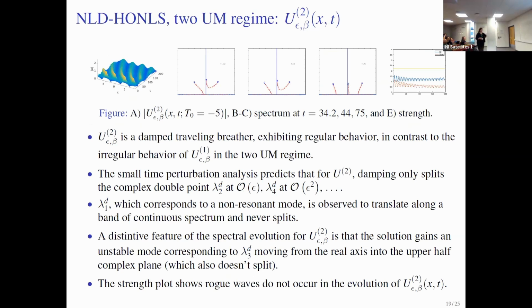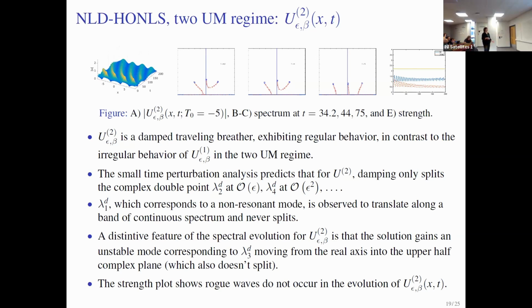It's a very nice example. So this is your second single mode SPB, so it's U2, and you're in the two unstable mode regime. And so you see that it's exhibiting very regular behavior in contrast to the irregular behavior of U1 in the two unstable mode regime. It actually mimics more U1 in the one unstable mode regime.